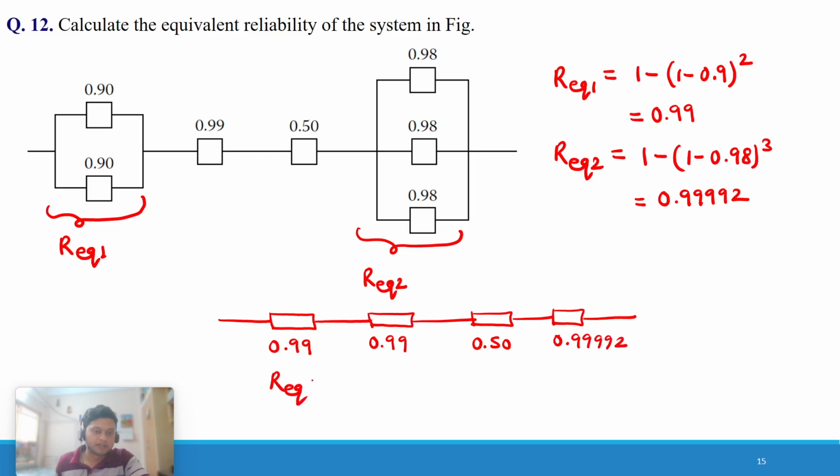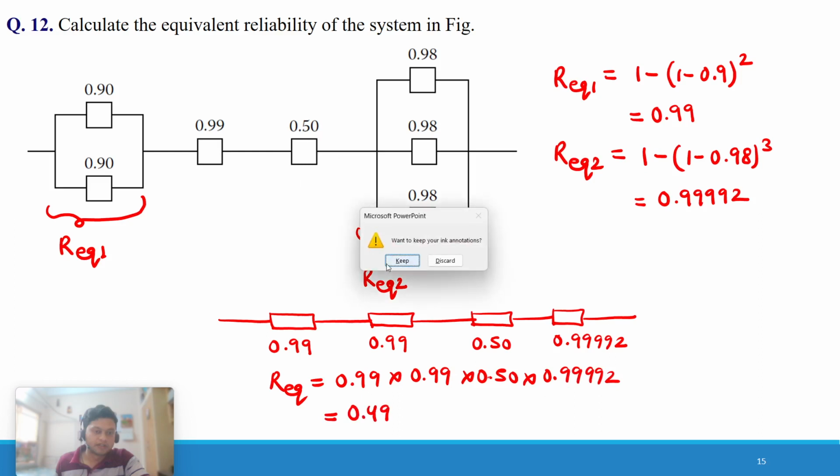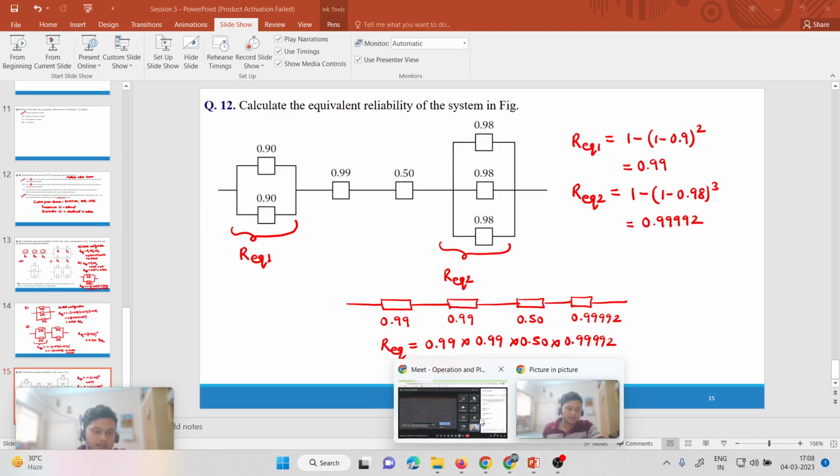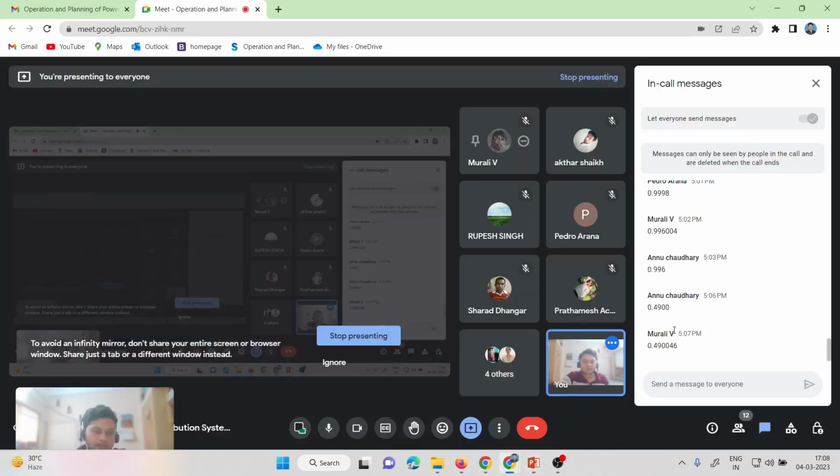So equivalent reliability of the system is the multiplication of each reliability term: 0.99 into 0.50 into 0.9992. So this comes out as 0.49. How many of you are able to get this answer? Yes, 0.49. Anu and Murli both are correct.